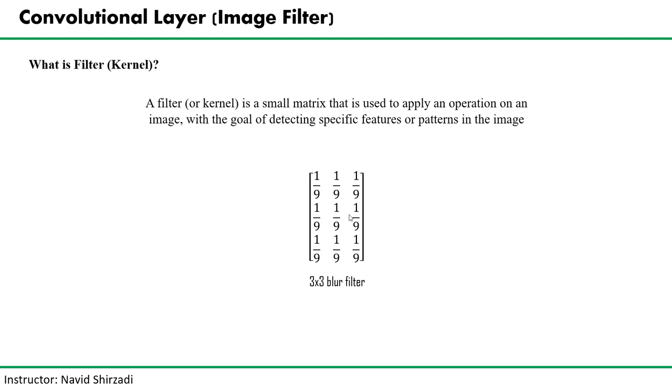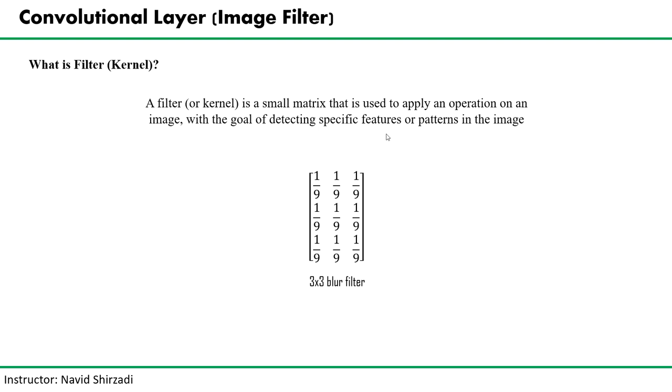So for example, if we apply this 3x3 matrix on an image, we can blur it a little bit. The filters are typically 3x3 matrices. It doesn't have to be 3x3. It could be, for example, 5x5 or other sizes, but most of the time the filter that we use is a 3x3 matrix.